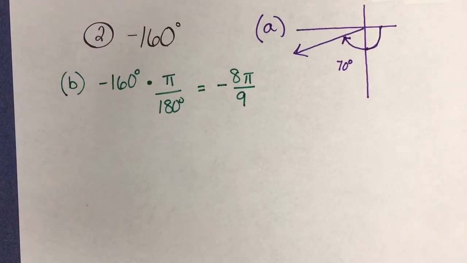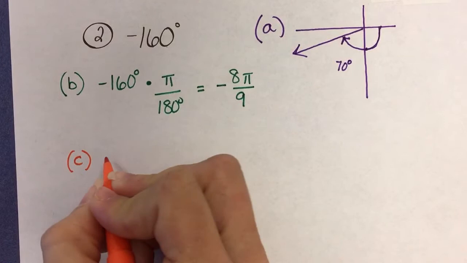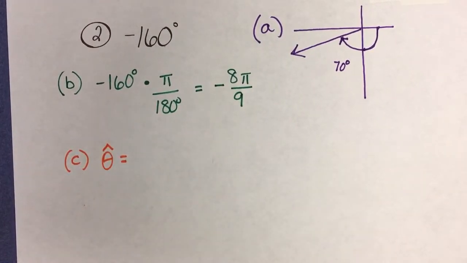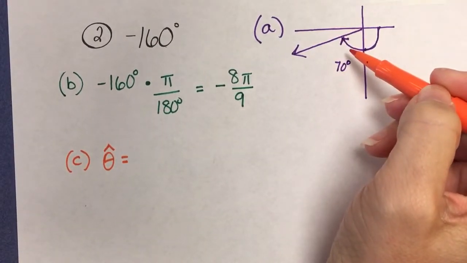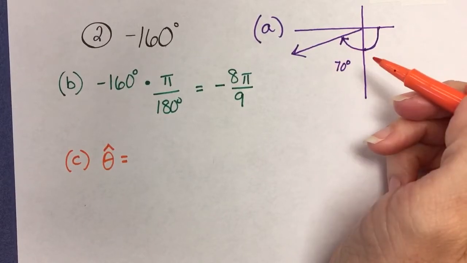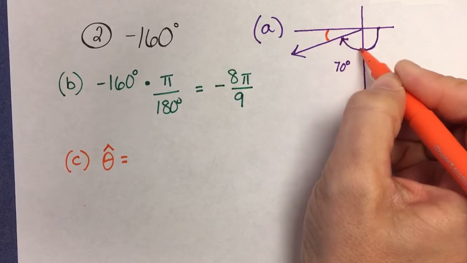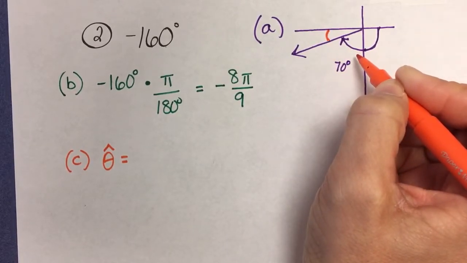Now, C part was asking for reference angle. Okay, so go back to where you had your drawing. And again, remember, reference angle is the part that's between the x-axis and the terminal side. That's this portion, not this 70 degrees, because the 70 degrees doesn't touch the x-axis.